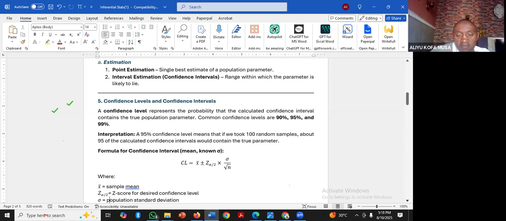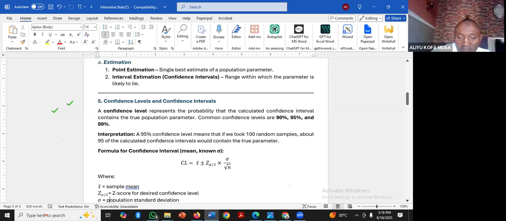We're only going to have 5 that are not going to fall within the confidence interval of the population parameter. Please get to understand.